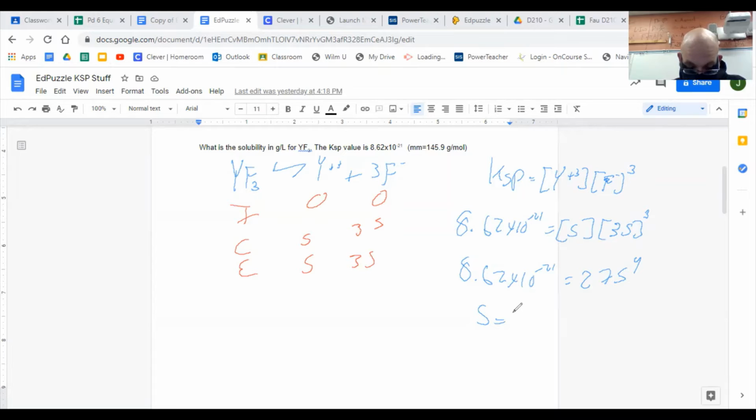And then we're going to raise that, so we get 4.22 times 10 to the negative 6 molar, and then we're going to multiply that by the molar mass to turn it into grams per liter. So 1 mole has a mass of 145.9.